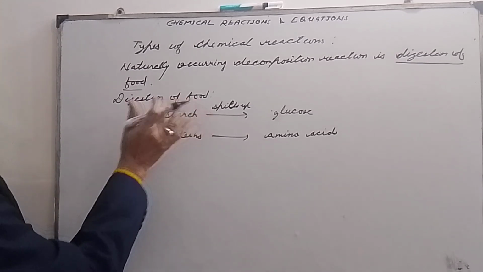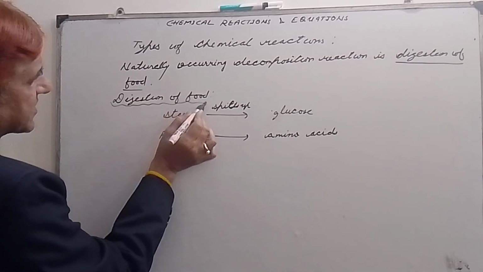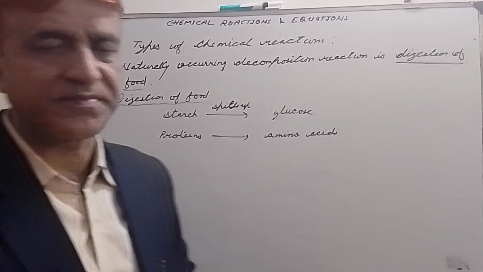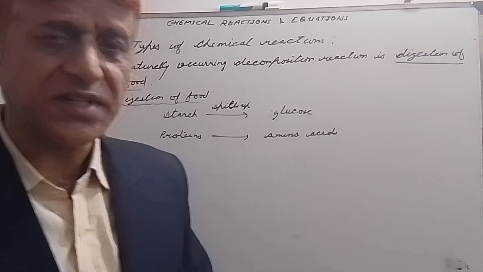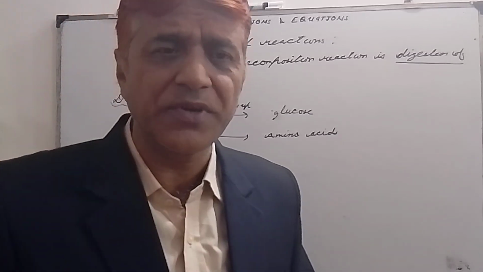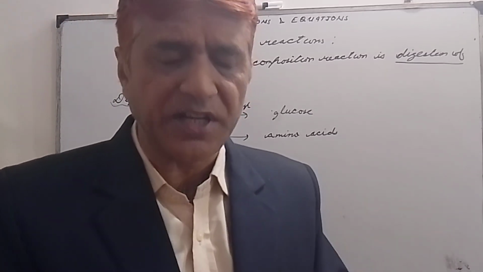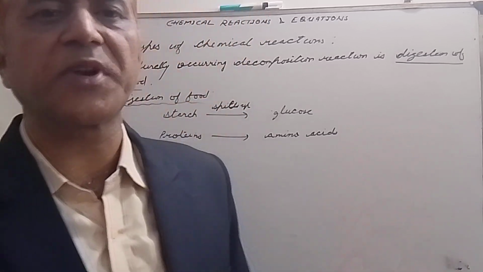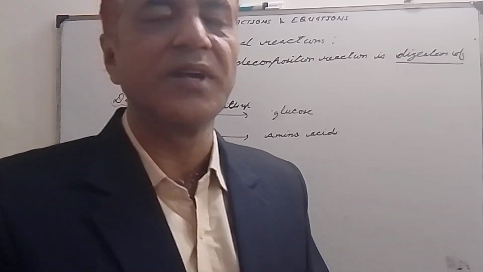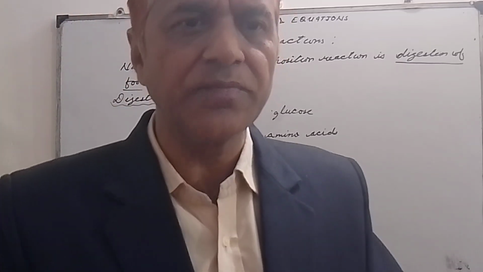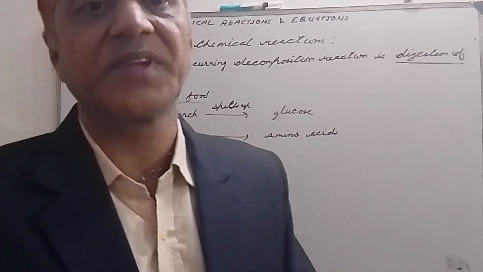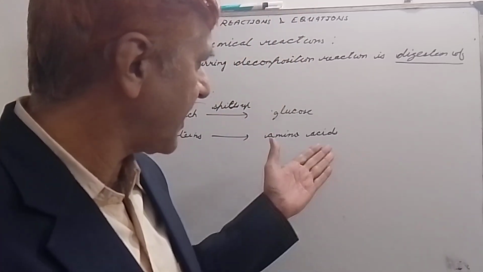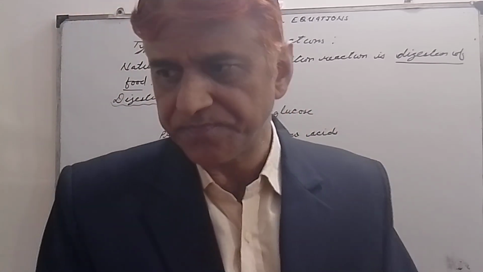So this happens in digestion of food, which is a decomposition reaction. Once again, let me tell you, digestion of food is a naturally occurring decomposition reaction, and in digestion of food, the starch which is present in our food grains is decomposed into glucose, and proteins are decomposed into amino acids. So this I have told you.